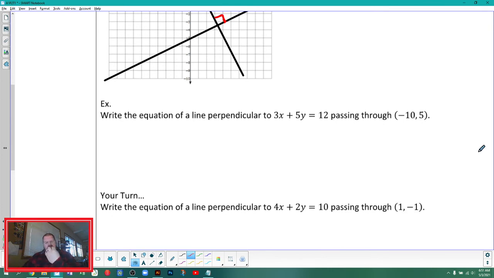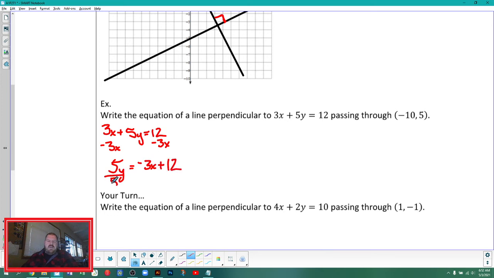So these ones are given to us in standard form, so we do have to work a little bit. The way we would do that is we're going to solve each one of these for y, so we know the slope. I'm going to go ahead and subtract 3x. Get 5y equals negative 3x plus 12.